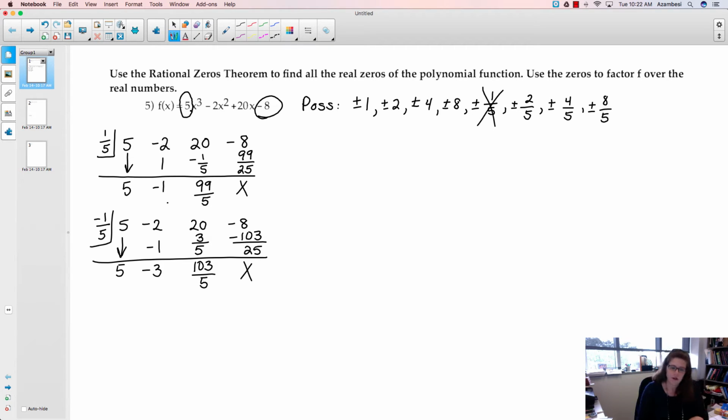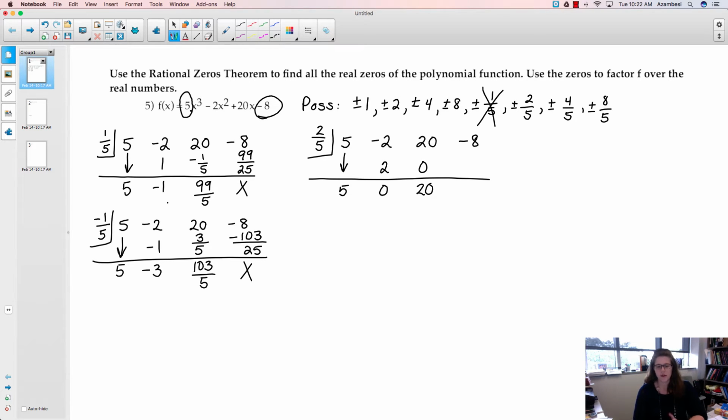So moving on, let's try 2/5. 2/5, 5, -2, 20, and -8. So dropping down my 5, 2/5 times 5 gives me 2. Adding that up, I get 0, 0 here, and 20.